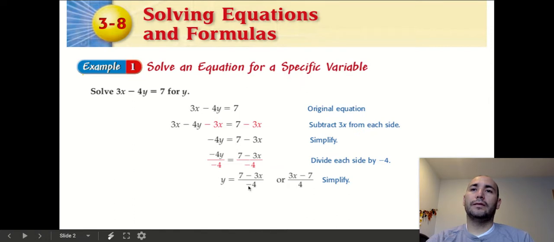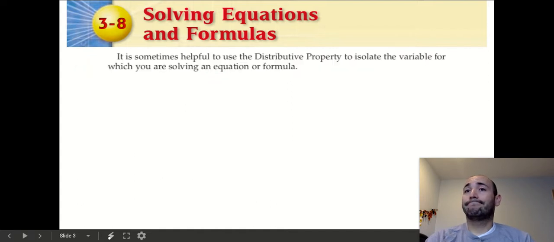All they did is take everything and multiply it by a negative and then put the variable up front. So this will become negative 7, this would become positive 3, and this would become positive 4. They just flipped it around. This is the simplified version of what the answer would be. So now we know that the value of y is 3x minus 7 over 4.